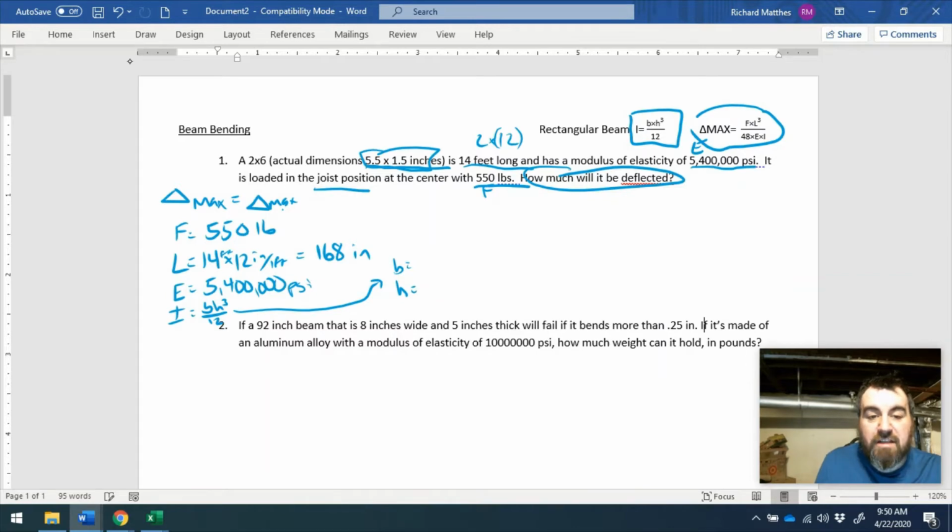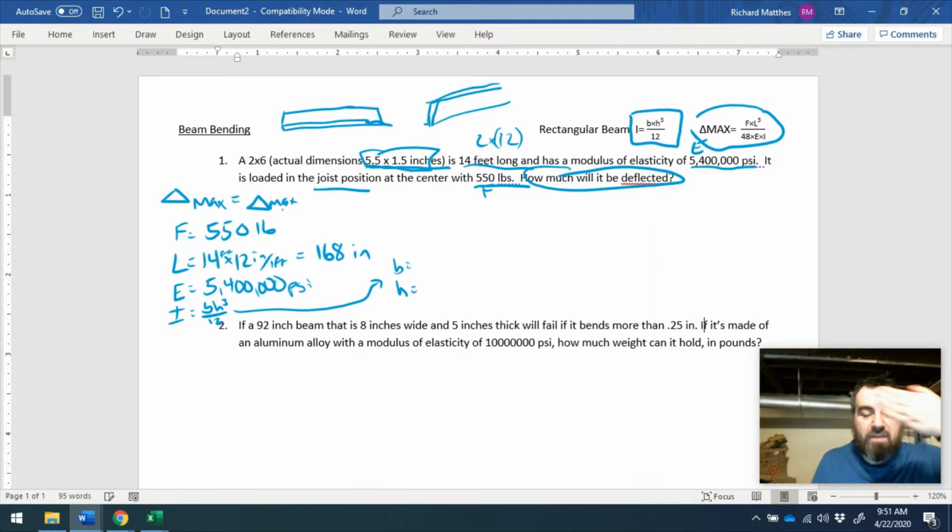The base here, it says it's in the joist position. Now remember, the plank position is where it is flat, and the joist position is where it's standing on its edge. So joist, plank, joist, plank.